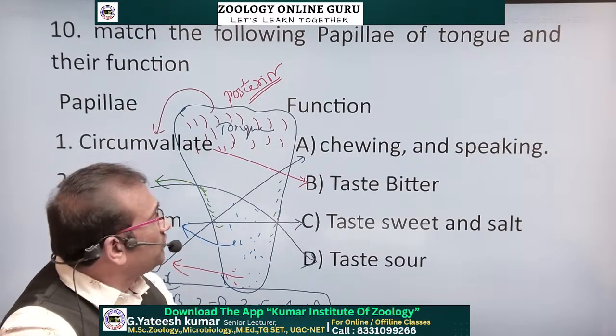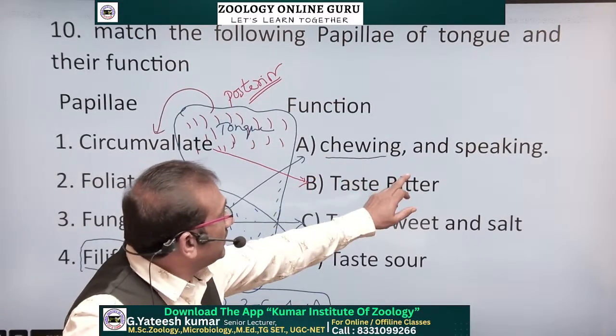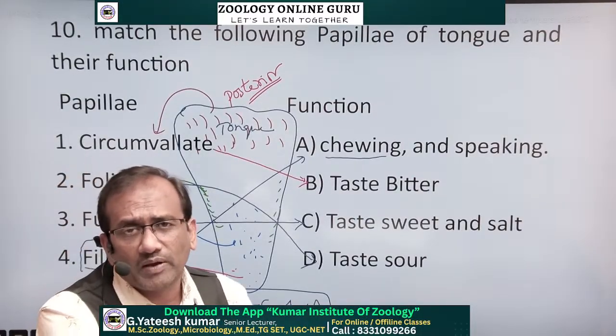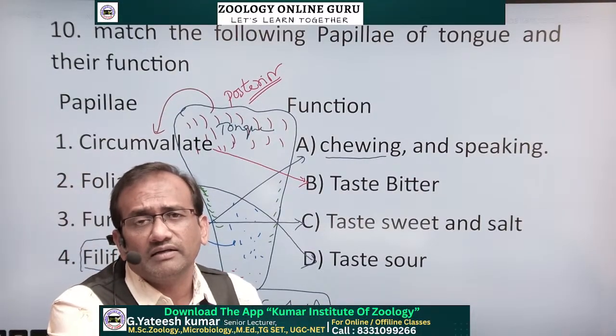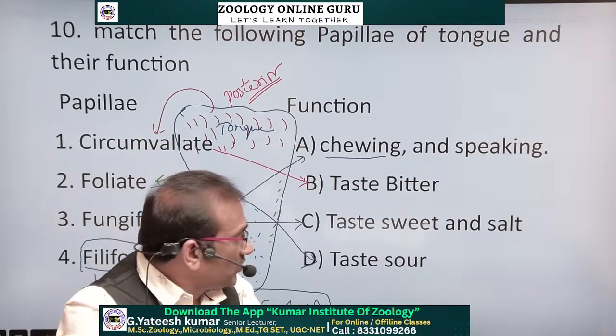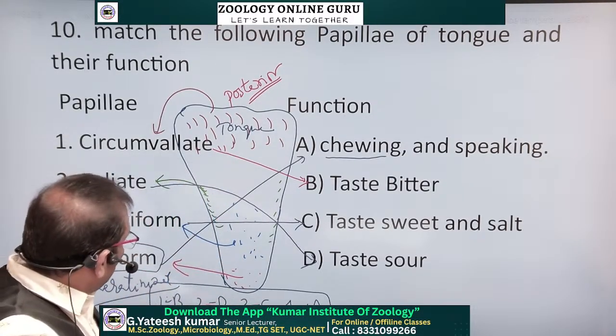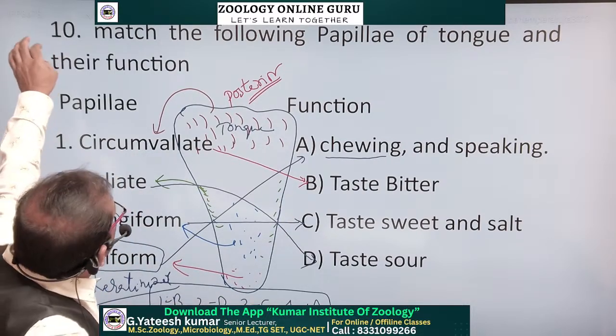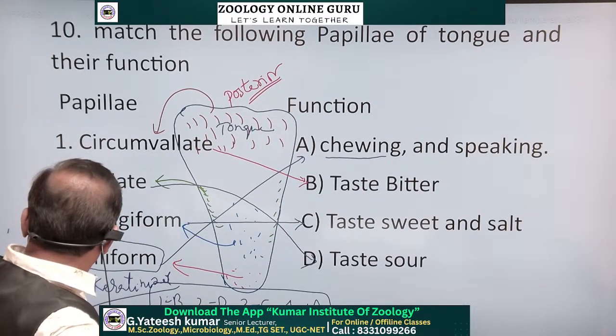They are useful for chewing food and for speaking only, but they cannot sense taste. So 1B, 2D, 3C, and the fourth one is A. This is the answer.